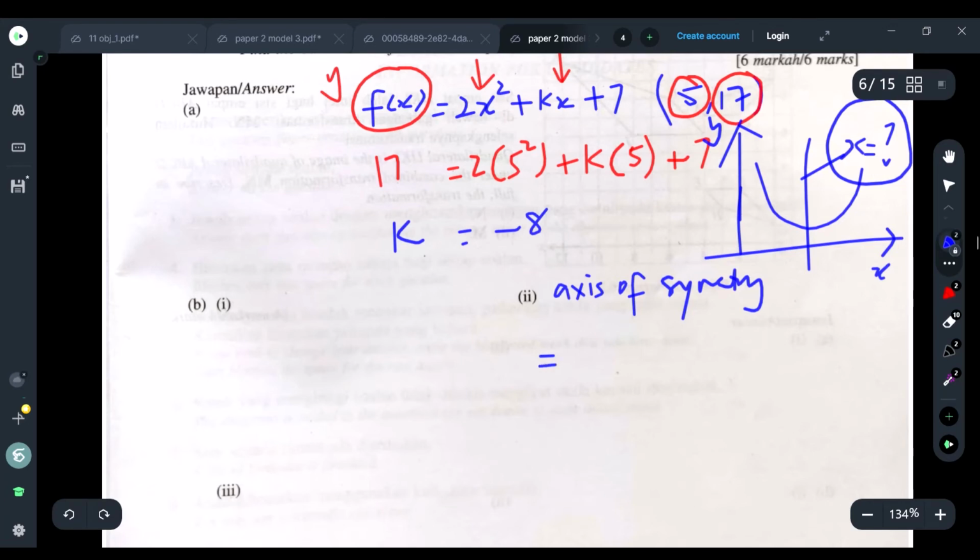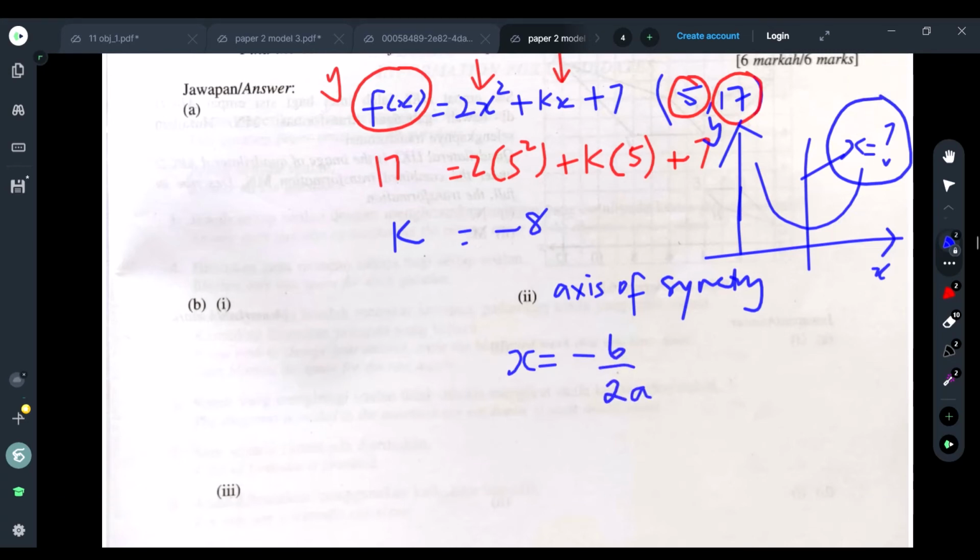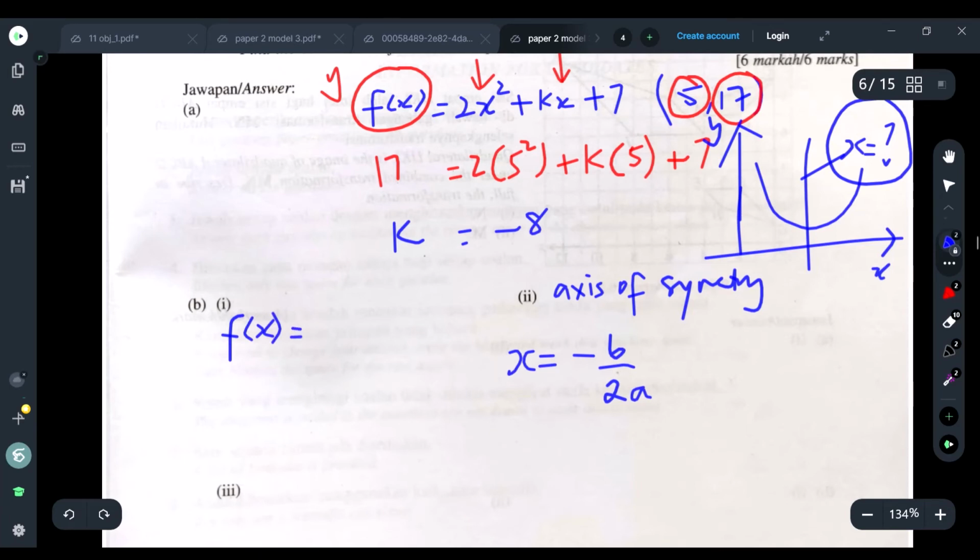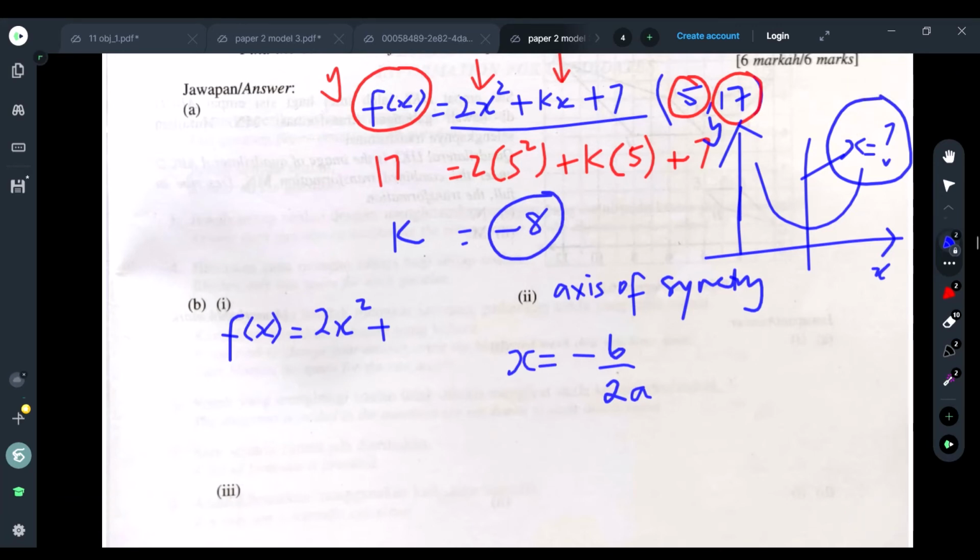What you do is x equals negative b over 2a. In your quadratic function, f(x) equal to 2x squared plus k x plus 7, we substitute k, so this will be 2x squared minus 8x plus 7.